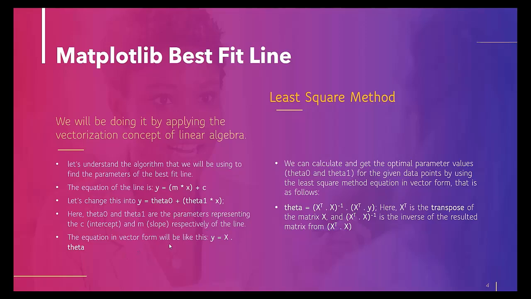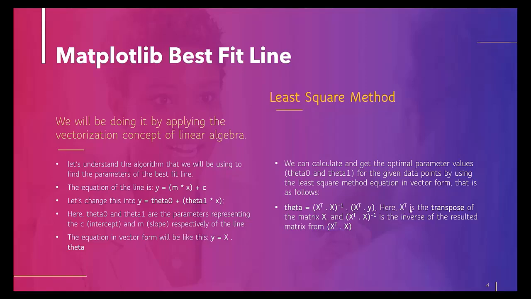And now we calculate and get the optimal parameter values, which are theta 0 and theta 1, for the given data points, using the least square method equation in vector form. So it will become theta equals (X^T X) to the power of minus 1, then into X^T into y.